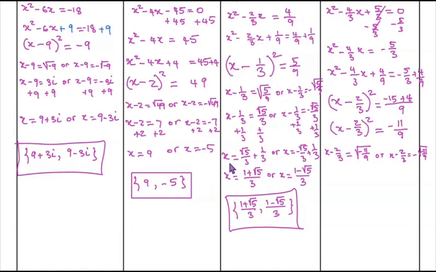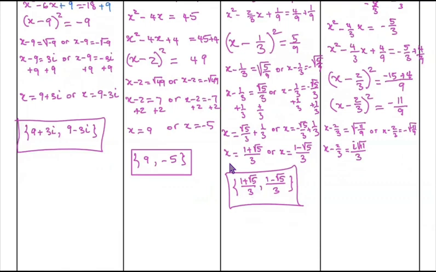Now let's solve for x. Before we solve for x, let's rewrite this as a simplified expression. So that's x minus 2/3 equals i square root of 11 over 3. Basically, what I did is I wrote the square root of negative 11 over the square root of 9.